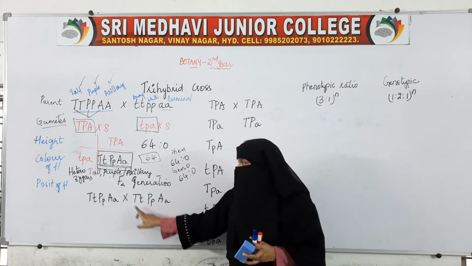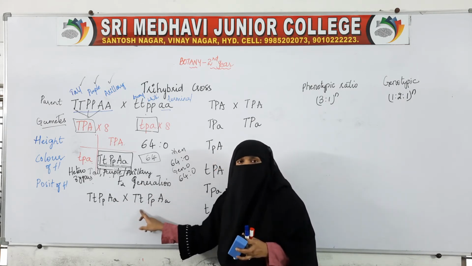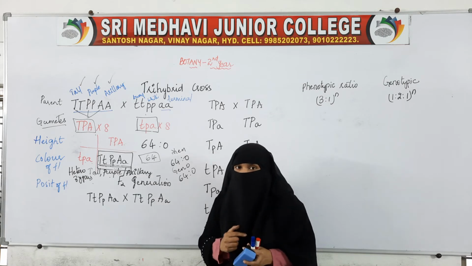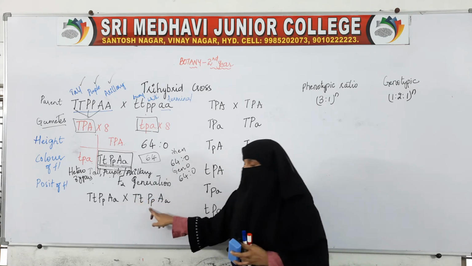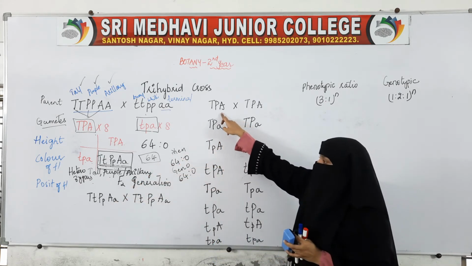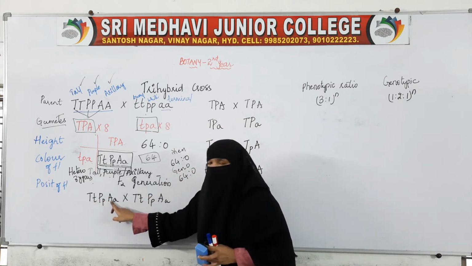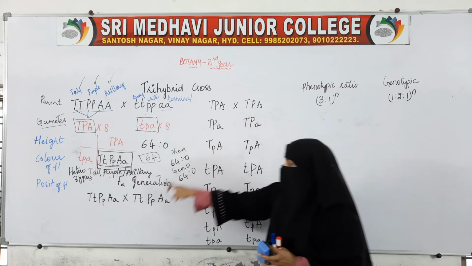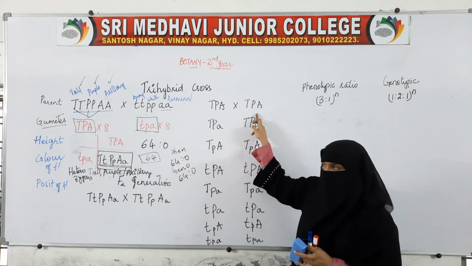In the F2 generation, first these two are the parents. Now gametes will be formed. What type of gametes will be formed? When these two are crossed, this will form gametes like this. First is capital T, capital P, capital A. This also capital T, capital P, capital A. This is the first type of gamete.